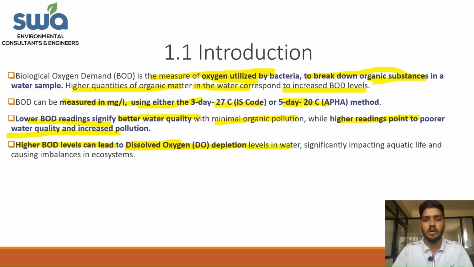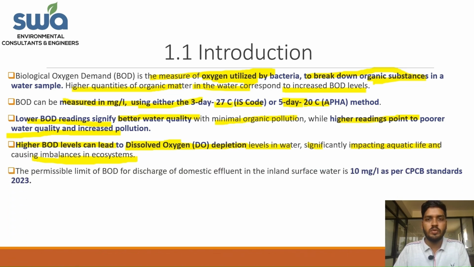When it is depleted significantly, it will impact aquatic life, causing imbalance in the ecosystem. This is simple: if dissolved oxygen decreases rapidly, then no oxygen will be available for other biodiversity present in the ecosystem, so they will die eventually, and imbalance in the ecosystem will occur.